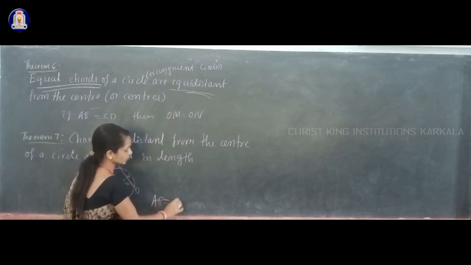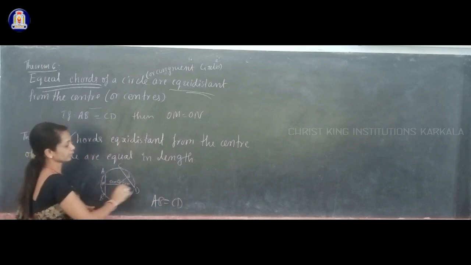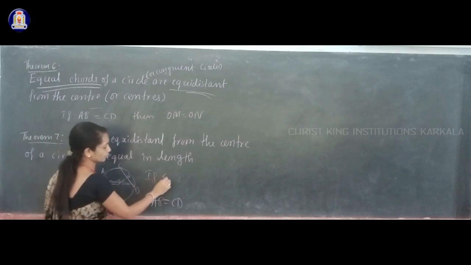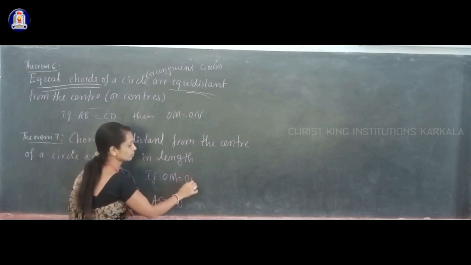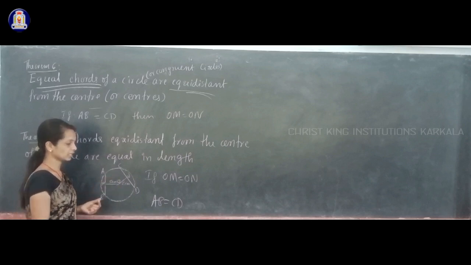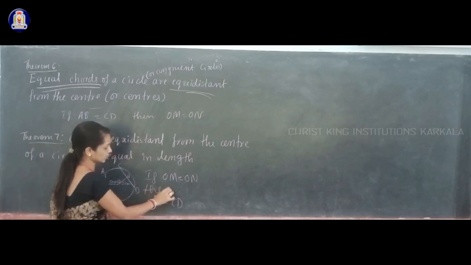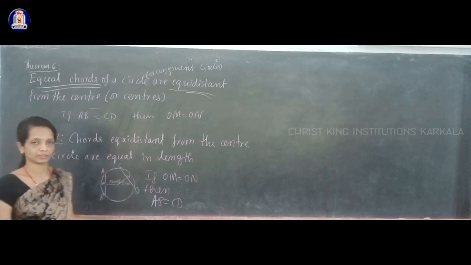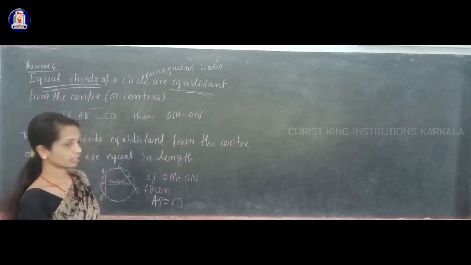So this is theorem 7. Here, if OM is equal to ON, it means these chords are equidistant from the center of the circle. Then we can decide that these two chords are equal in length. So that is theorem number 7.